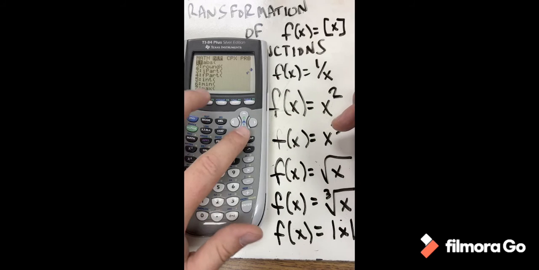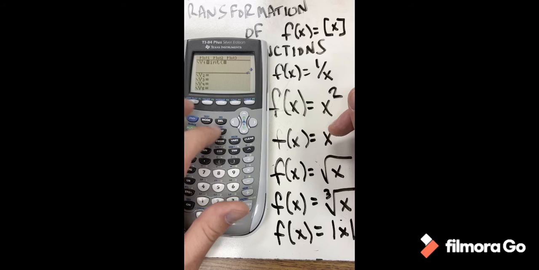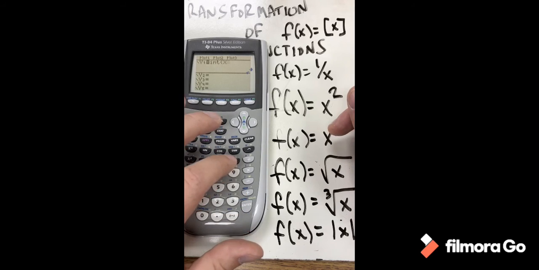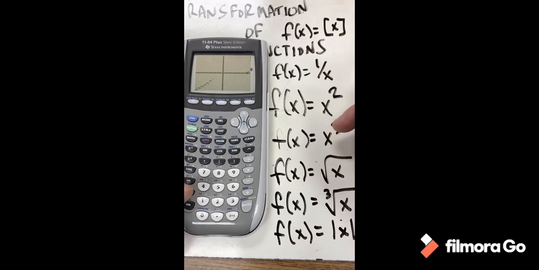The greatest integer function is all the way down at number 5, and then you hit enter. Then you can type in your x, close the parentheses, and hit our graph button. You can see there on your greatest integer function, you get your little stair step look, which is what the greatest integer function looks like.